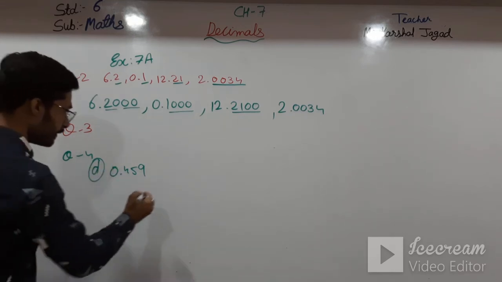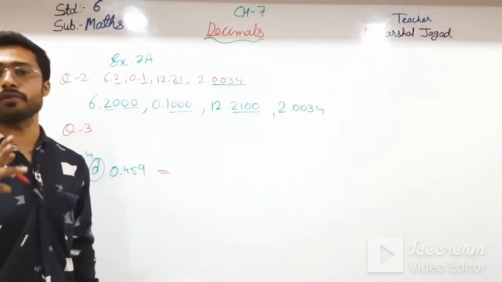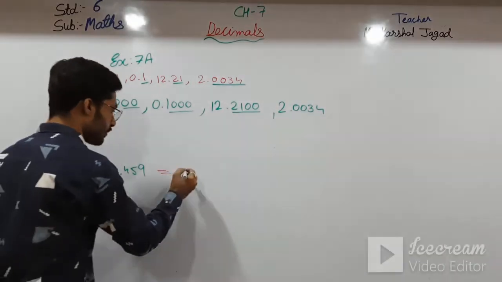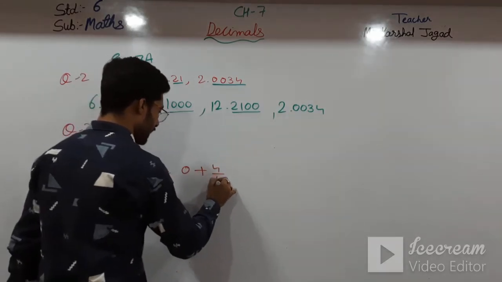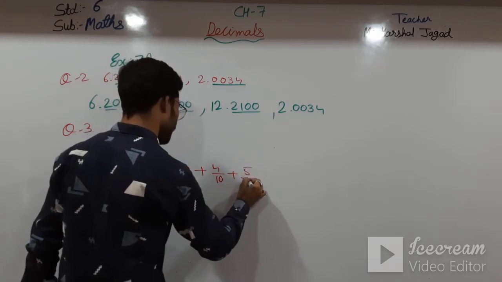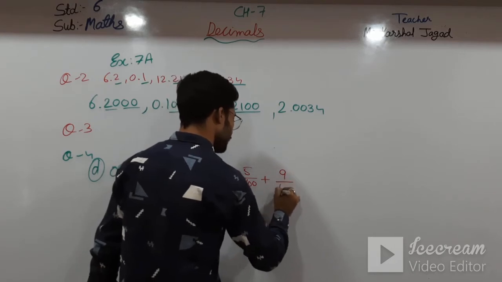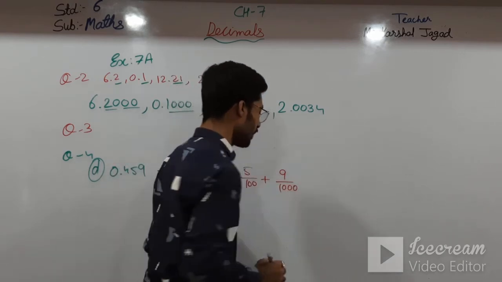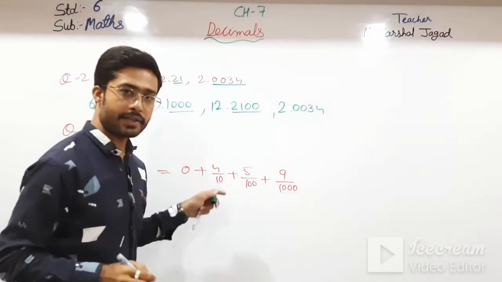For expanding, I am expanding both ways, fraction and decimal. First 0 plus 4 by 10 plus 5 by 100 plus 9 by 1000. This is expanded in fraction.